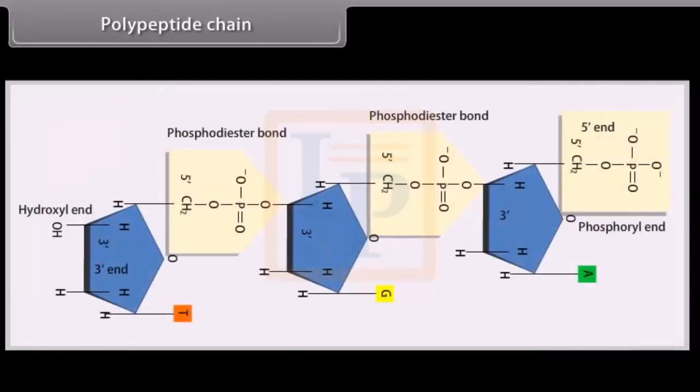A polynucleotide chain has a phosphate moiety at one free end of ribose sugar. This is known as 5' of the polynucleotide chain. The other free end of ribose sugar has an OH group attached. This is called 3' of the polynucleotide chain.